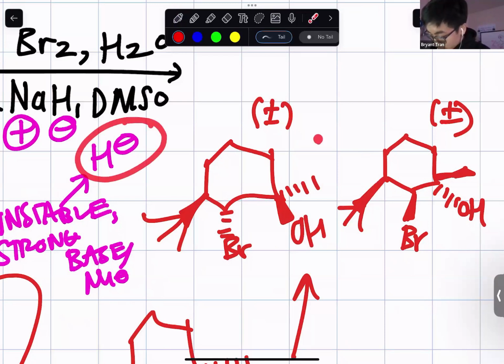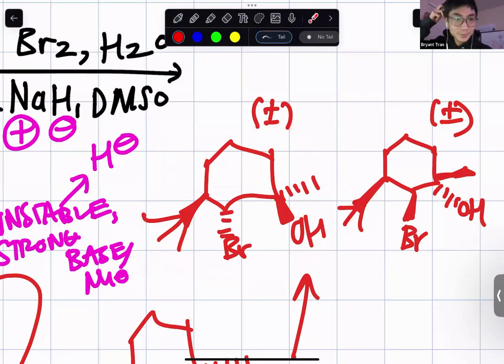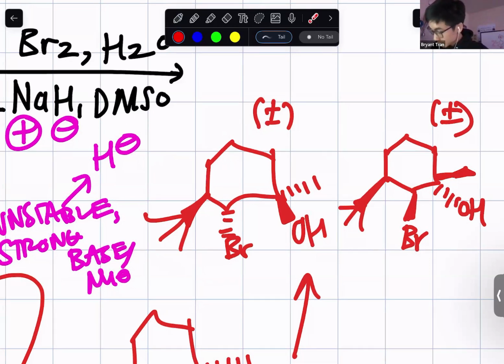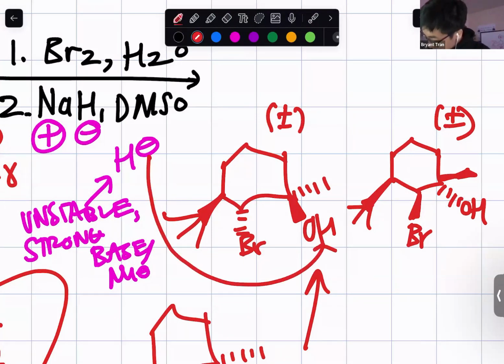When we have a strong base right here, we're going to look for the most acidic proton, the most acidic hydrogen. Which hydrogen here would you say is the most acidic? OH, yeah. So this H minus here is going to deprotonate that alcohol.